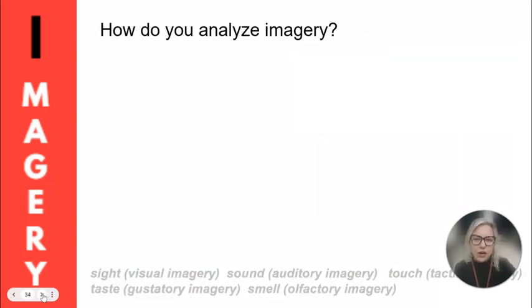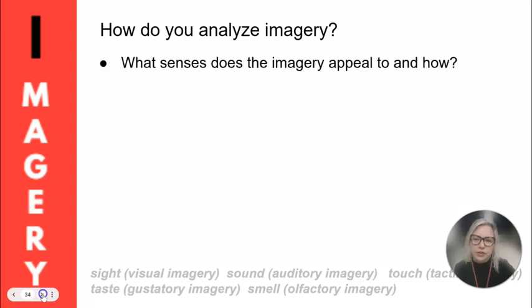The next question is, how do you analyze imagery? Ask yourself these questions. What senses does the imagery appeal to and how? So which of those 5 senses is being evoked? And keep in mind that when it's an image, it's not just that you can picture it, right? It's that a clear picture comes to mind.